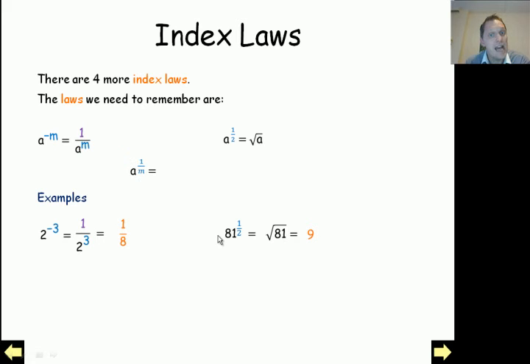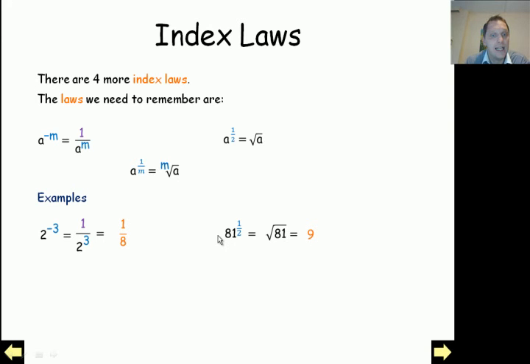Third rule, now we're dealing more with fractions. We've got a to the power of any fraction where 1 is our numerator and we've got a letter or different number as our denominator. This becomes our base number or letter rooted to the power of our denominator, our bottom number in the fraction.